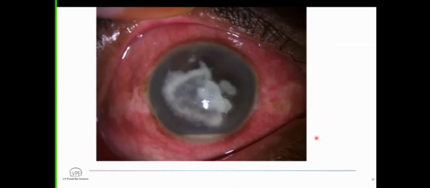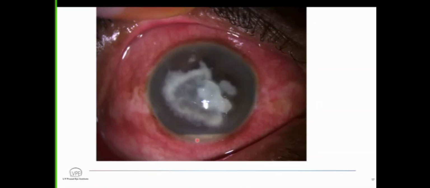These parasites are at a stromal level. I think the superficial epithelium is clear. What about the margin of the opacity? Is it well rounded or does it look different? It's like feathery. Okay, so this is what is called a feathery margin.